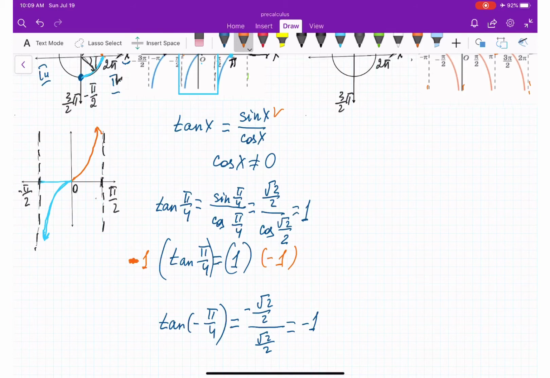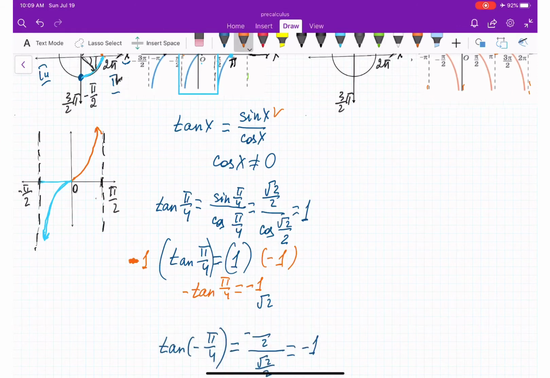So what do we get here? We get negative tangent pi over 4 is equal negative 1. Okay?